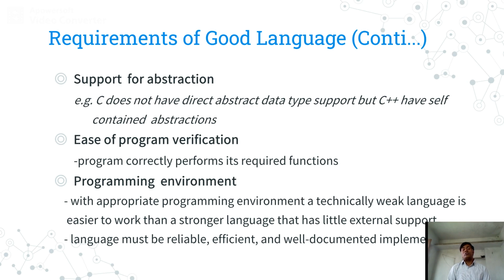Programming environment is also one of the attributes to make a good programming language, because if any language has an appropriate programming environment, then it is easier to work with than a stronger language that has little external support. So a language must have a reliable, efficient, and well documented implementation.